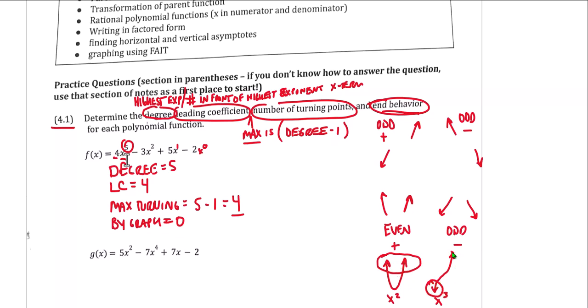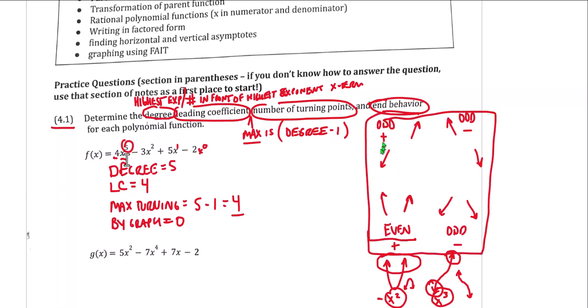In odd functions, they're going in opposite directions. And of course, if we flip the leading coefficient from positive to negative, this one will go down and this one will flip up that way. So keeping in mind the x squared and the x cubed functions can be a big help in memorizing, or at least deriving, all of this information that we wrote here.